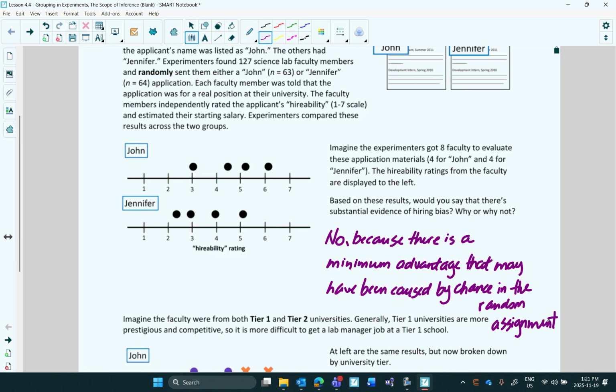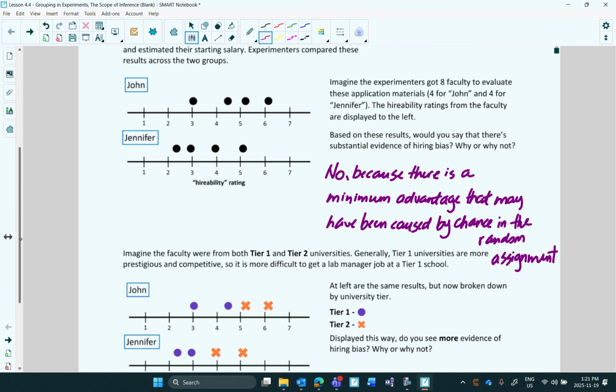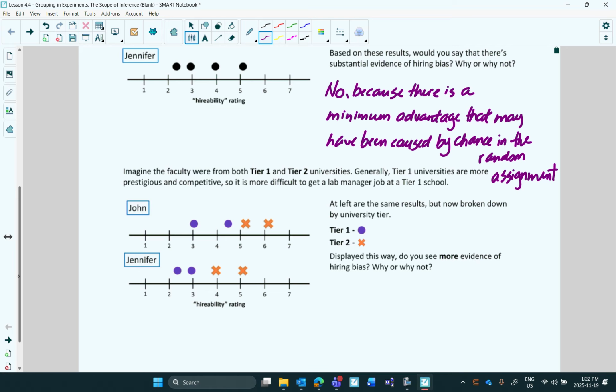But let's say we dove a little deeper into this, and we found out that of the 8 faculty members, 4 were from a tier 1, more prestigious university, and 4 were from a tier 2.